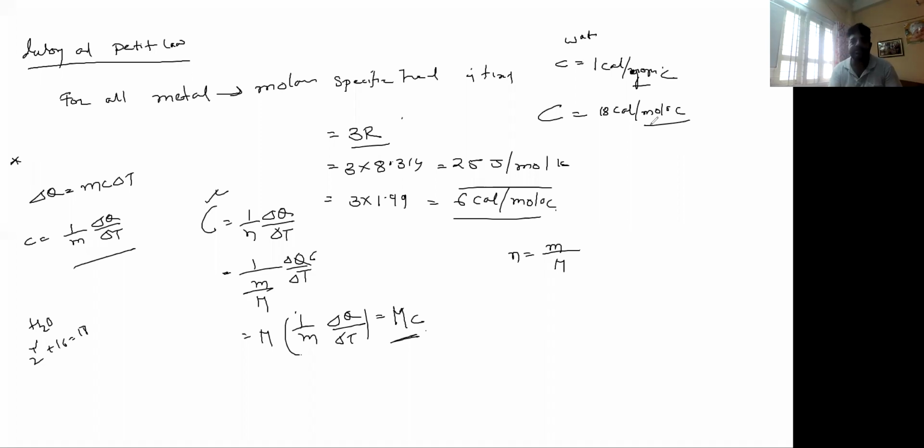After that, next is the thermal heat capacity. It is represented by TH, that is dq by dt.